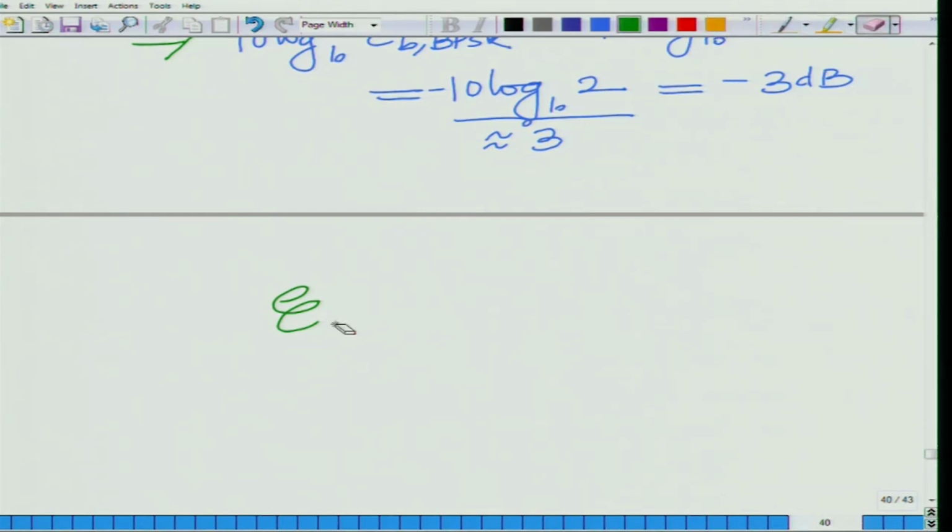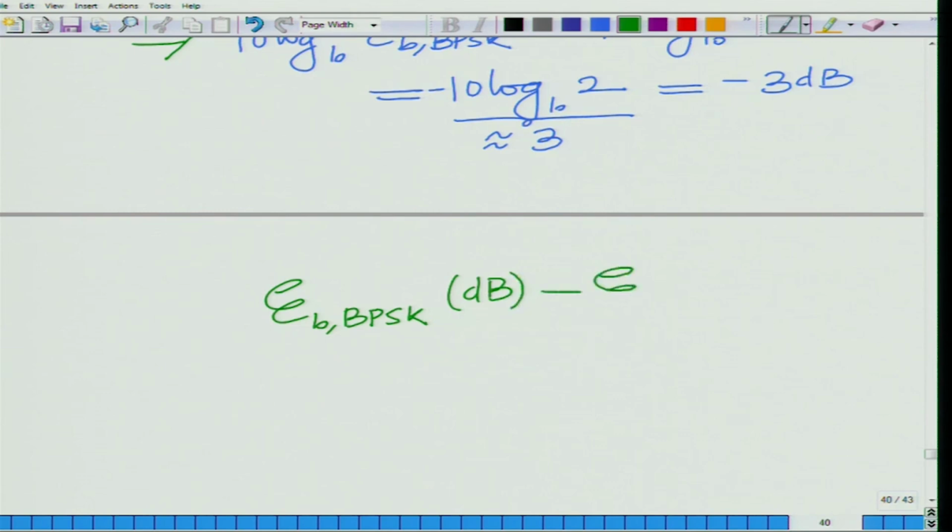So, if you look at the dB difference, the energy per bit of BPSK in dB terms minus the energy per bit of amplitude shift keying in dB is equal to minus 3 dB.